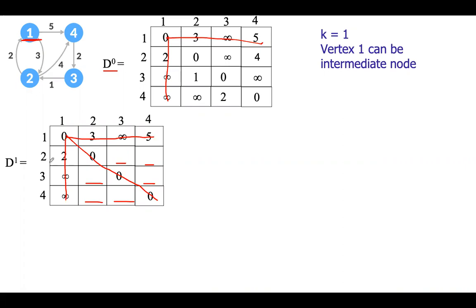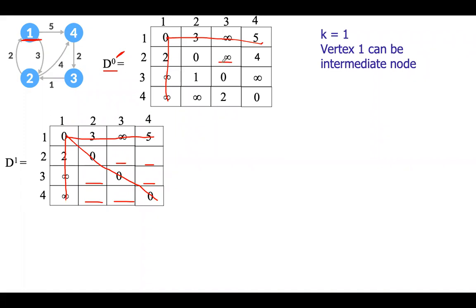So first, this is our input matrix, D naught. This is the input matrix, and this is the output matrix. I need to find out the distance of 2 to 3, D1 of 2 to 3. D1 of 2 to 3 should be equal to either its first distance, or a minimum value.